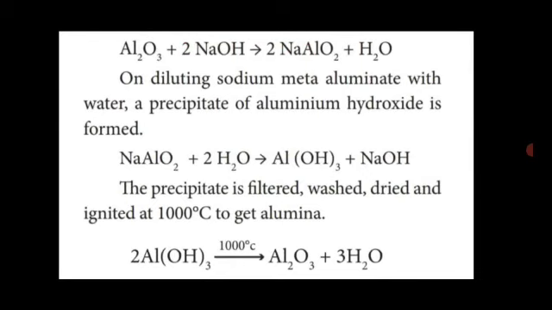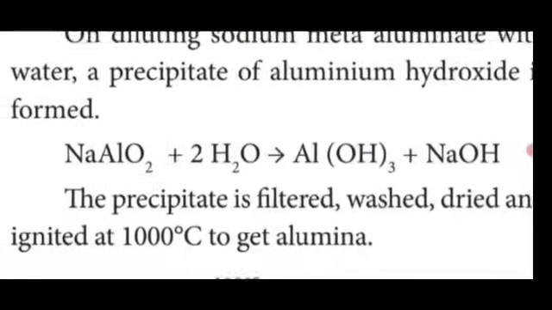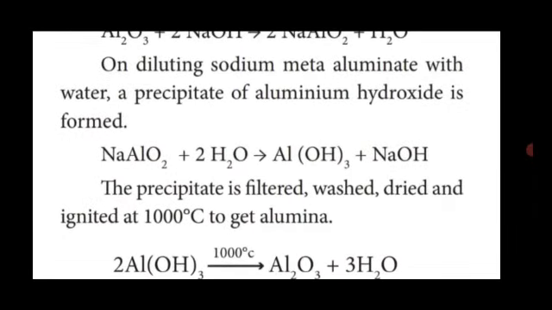Diluting sodium metaaluminate with water, a precipitate of aluminium hydroxide is formed. What is the formula of sodium metaaluminate? NaAlO2. This NaAlO2 reacts with water on dilution to give aluminium hydroxide.